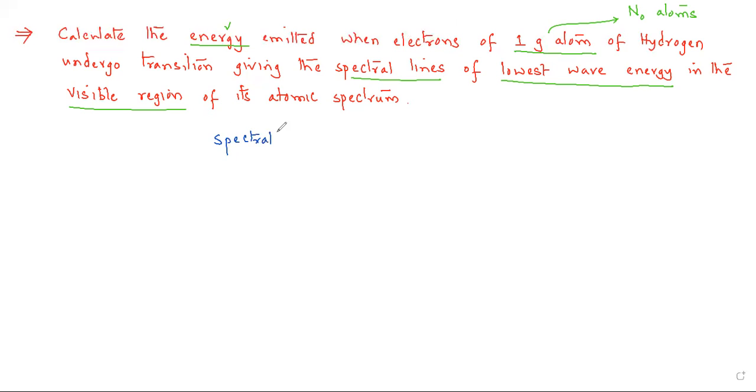Spectral line of lowest energy in the visible region. So when I say visible region, it is of course Balmer.